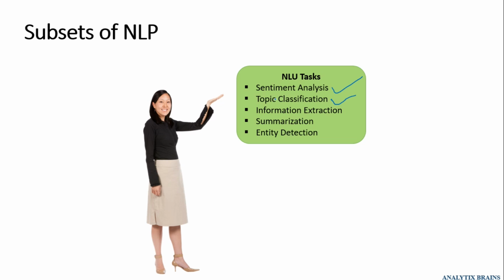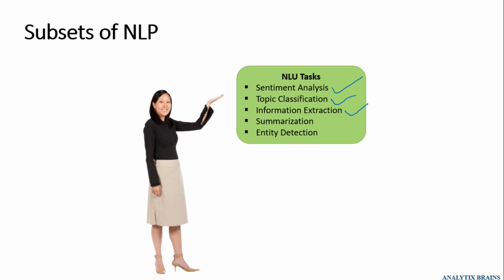Topic extraction will identify the important points or important context words in those documents, and on the basis of those words, it will be able to classify whether document A is talking about sports, or document B is talking about technology, or document C is talking about financial things. So topic classification is also part of NLU.